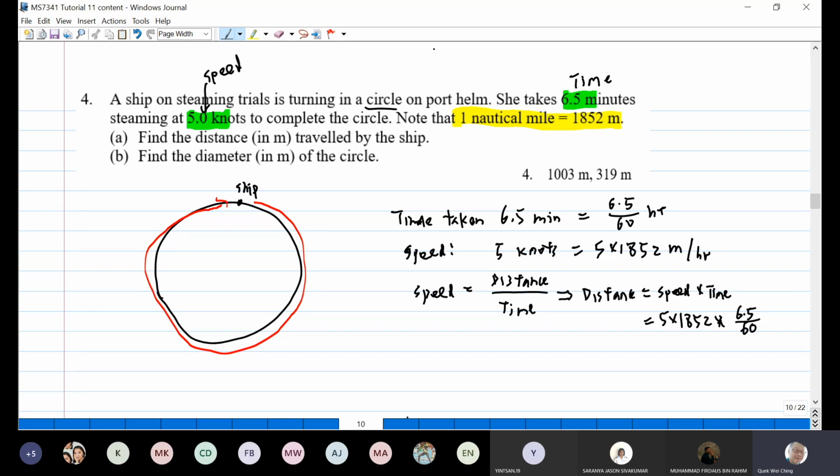Okay, turned into hours, so then you calculate: it is 5 times 1852 times 6.5 over 60.